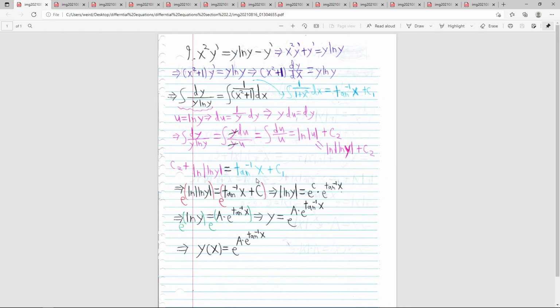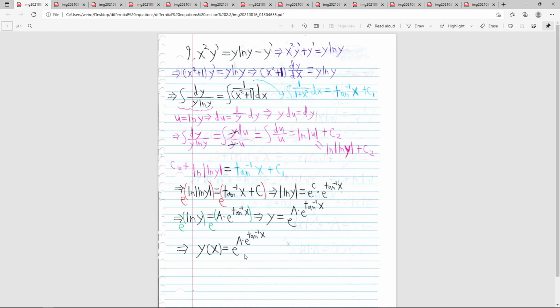Your constants, of course, get eliminated into one. Then you raise it to a power, and we have the absolute value of ln y equals e to the c. So we can eliminate the absolute value again with this constant a times e. We have e raised to the inverse tangent x, like normal. We raise it to the e power, and we do the same thing again to get rid of the ln y and make it just y.